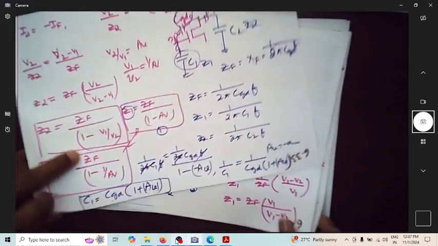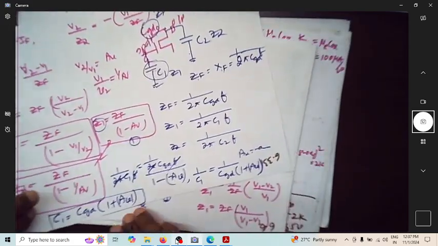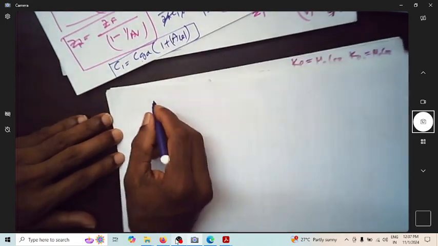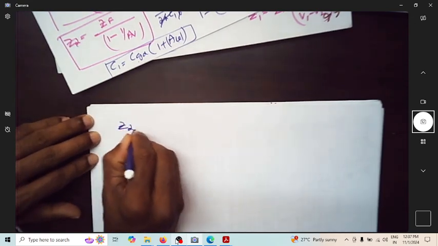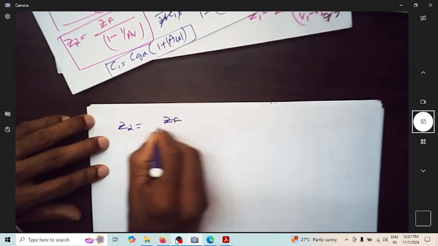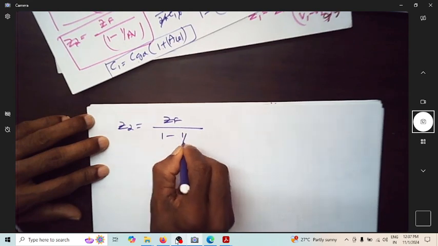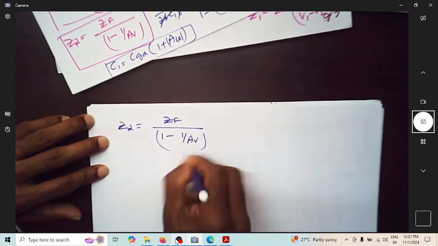But how about C2? C2 is as simple as this. Let me write what Z2 is equal to. This is my Z2 value. Z2 is equal to ZF by 1 minus 1 over AV.